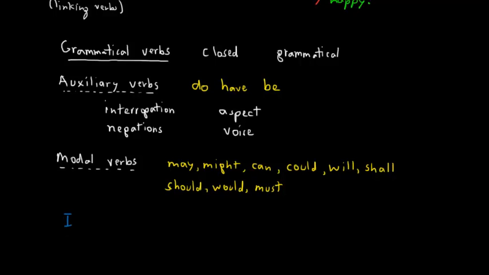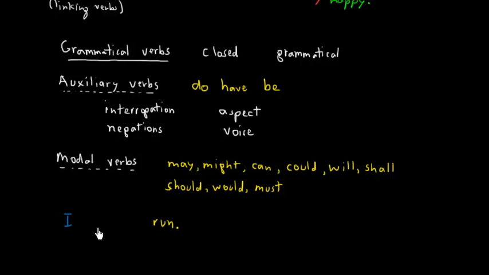But what does a modal verb do? A modal verb gives us the author, the writer, or the speaker, his point of view on the rest of the verb phrase. Okay, in this case I'm going to use run as our lexical verb, as the rest of our verb phrase.